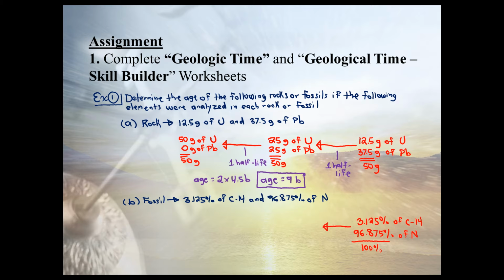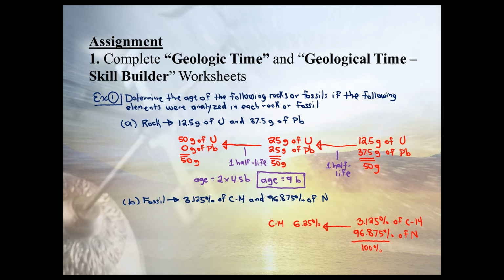If you go back by one half-life, then the amount of carbon you would have would then double if you go backwards in time. So 3.125 times 2 would be 6.25%. So 6.25% of carbon-14. If you have 6.25% of carbon-14, well, how much of the nitrogen would you have?